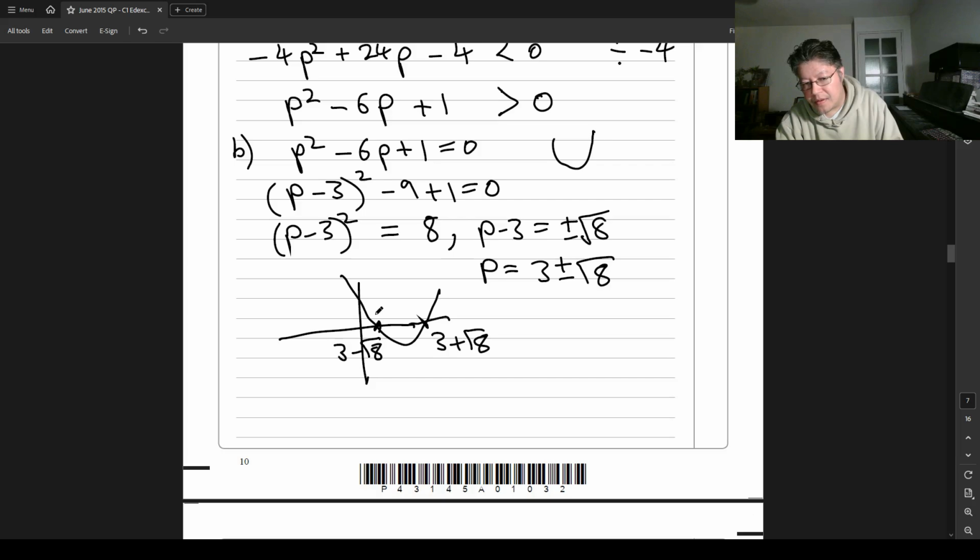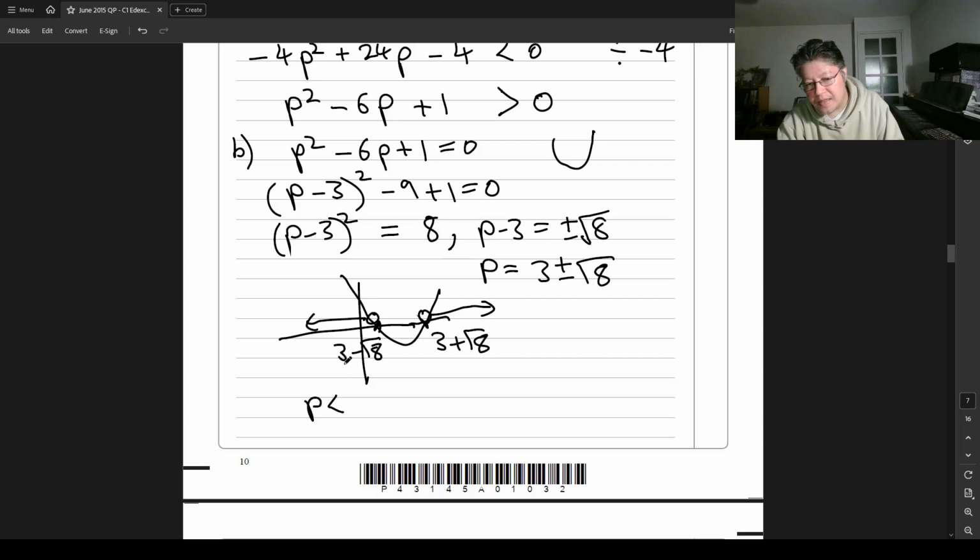So a hollow circle, because it doesn't include the 0, going that way, and a hollow circle going that way. So this is the solution on the number line, and now we can get the actual solution.